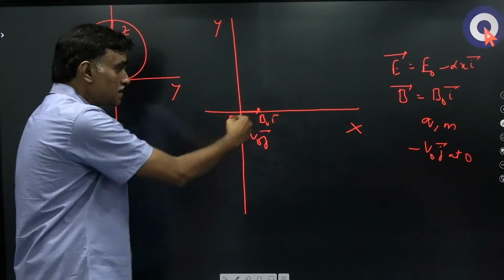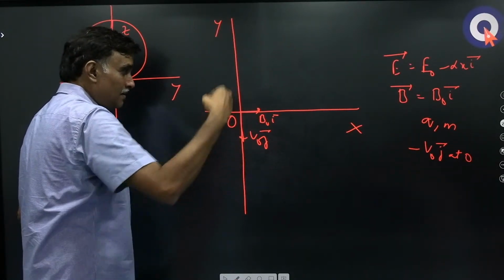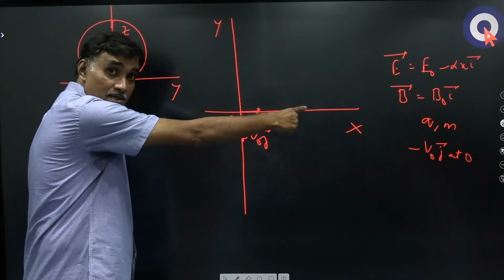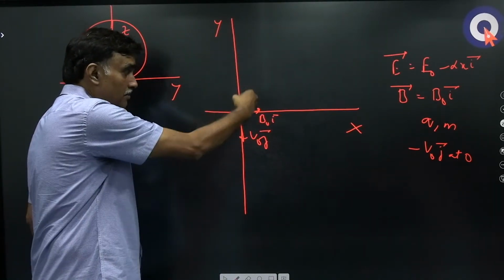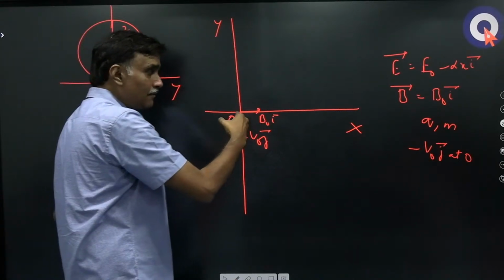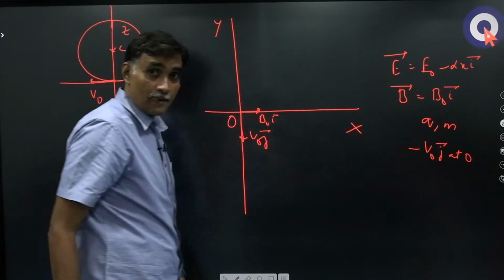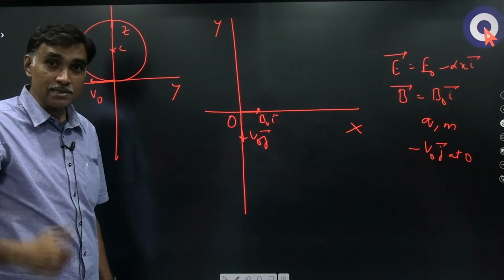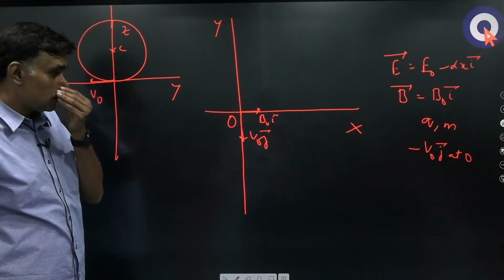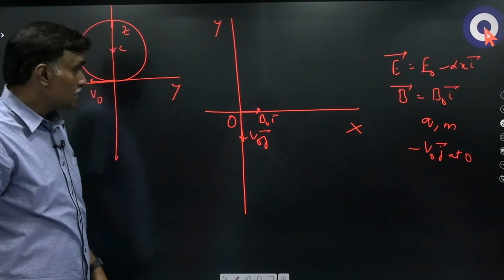Each time it completes a circle, it touches the x axis. If only the magnetic field were there, it would touch the origin. But because of the electric field, it is also moving along the x axis. Because of the magnetic field, each time it completes a circle, it should touch the x axis.